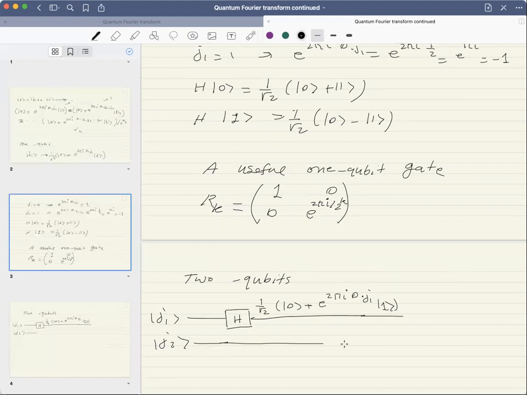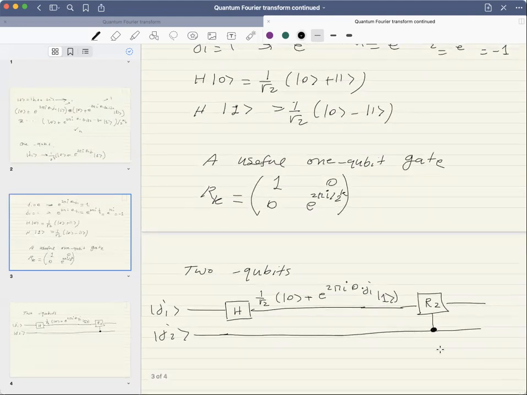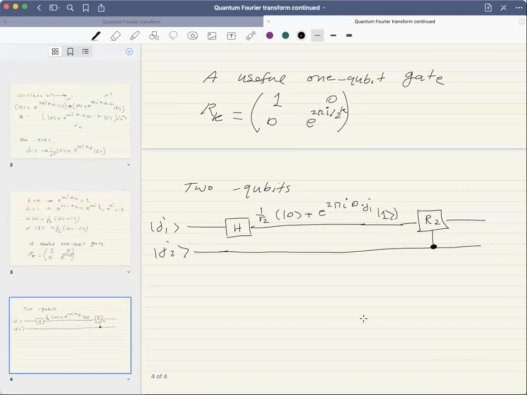And now I'm not messing with J2. But what I can do is a control R2 here. So this control R2, when J2 is equal to 1, multiplies, it doesn't do anything to 0, right?